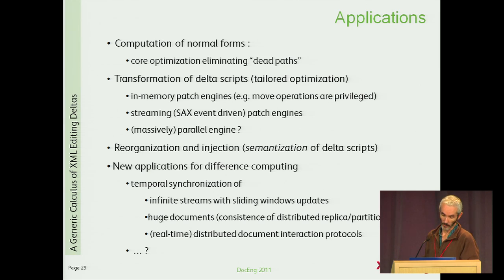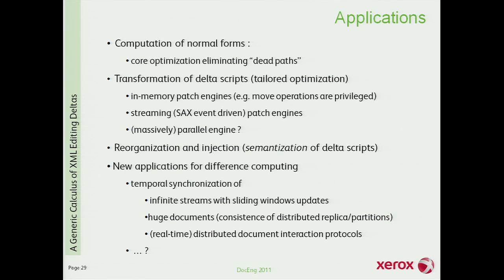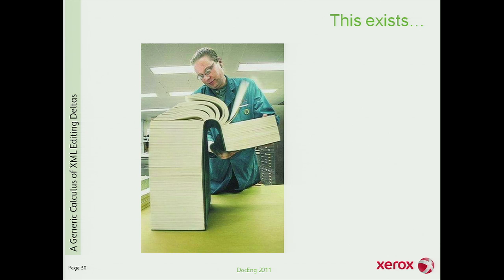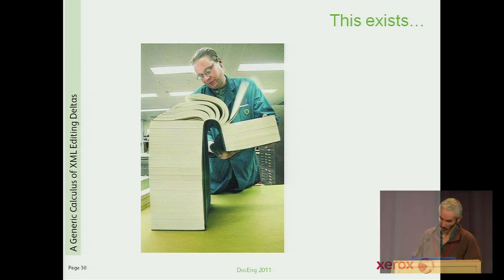We cannot understand it now, but think about temporal synchronization when you have either infinite streams or a very, very huge document distributed or replicated on a network, for instance, and so on. And documents can be really huge. See, that exists. Incredible.